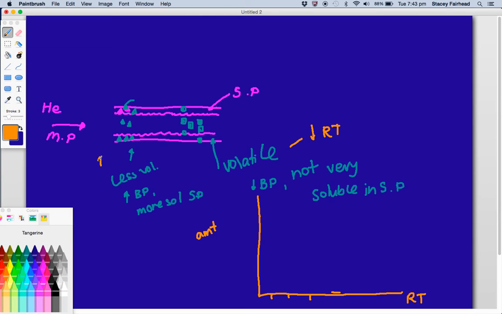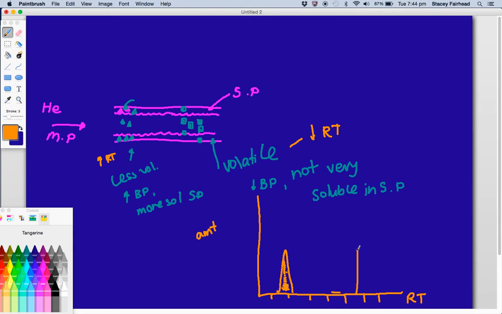So these have a high retention time and they come out towards the end of the graph like this. And the amount of area that you've got underneath a peak will tell you the relative abundance or how much of it. So the gas chromatography printout will tell you two things, okay, how much you've got of this substance and what its retention time is.